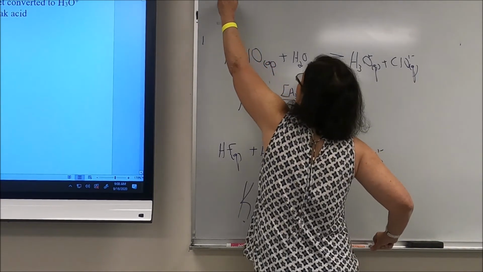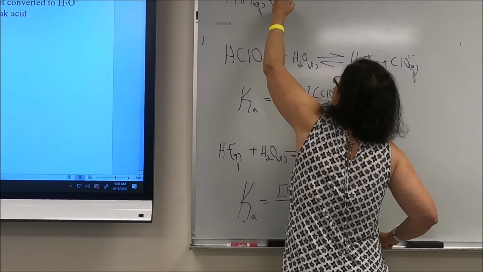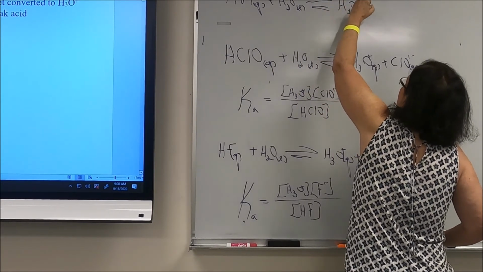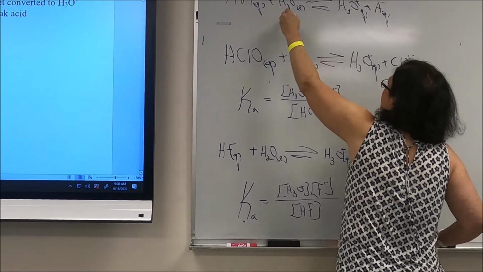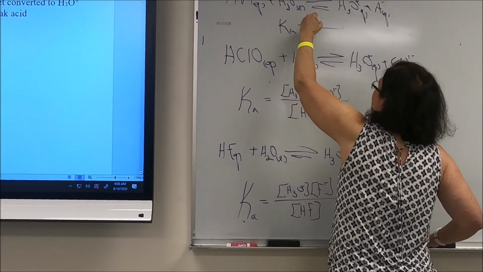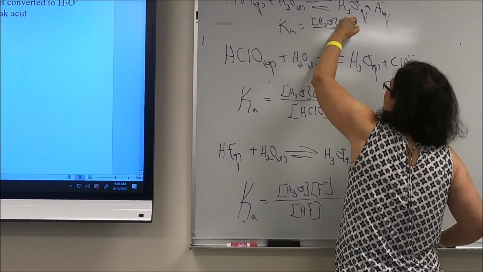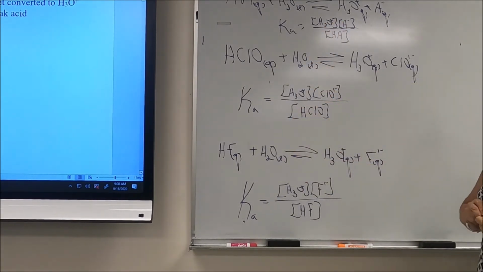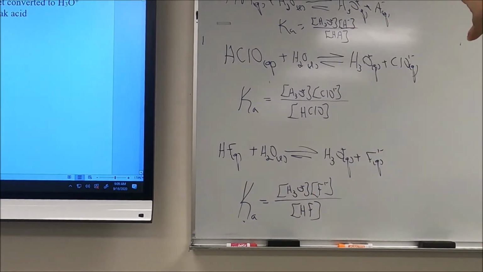Okay, so notice it's following that generic pattern. HA aqueous plus water liquid going to H3O+ aqueous, A- aqueous. Ka is always equal to hydronium ion concentration, A- concentration, all over HA. Guys, this means if you don't know what the formula of an acid is when you're given its name, you can always work it out using the generic.